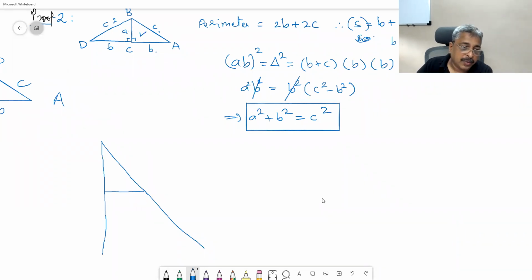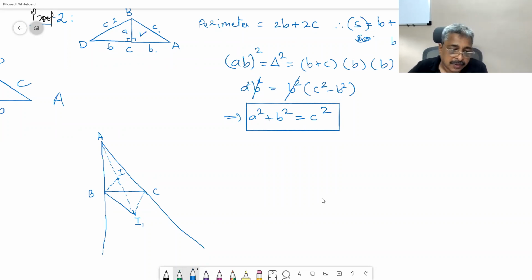And we have the incentre-excentre configuration, where I am considering the excentre opposite to A. Then the internal angle bisectors will intersect at I, and the external angle bisectors will intersect at I1.